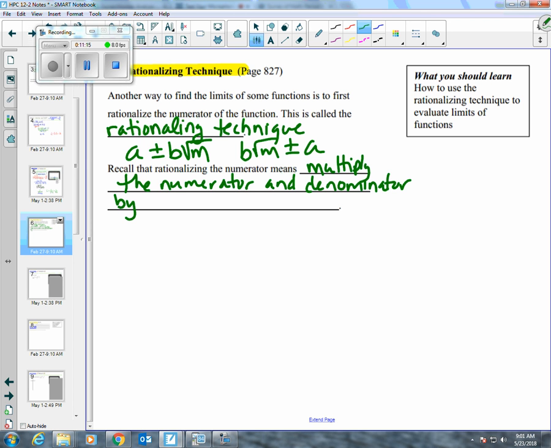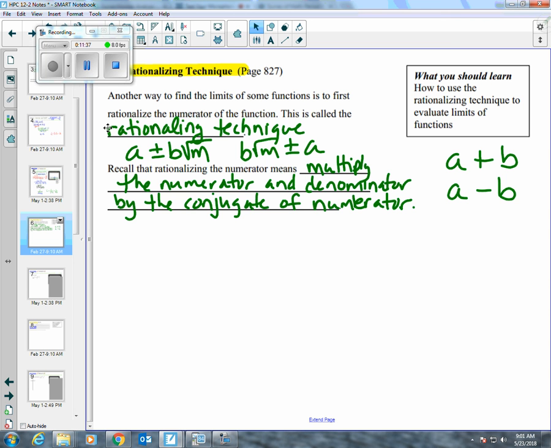So if we're trying to change the format of the numerator, then we multiply by the conjugate of the numerator. And see if you remember what conjugate is. So if we have an expression like a plus b, the conjugate is a minus b, so like the same expression with the opposite sign. So we're going to try rationalizing as a means to try to change the format so we can actually evaluate the limit.